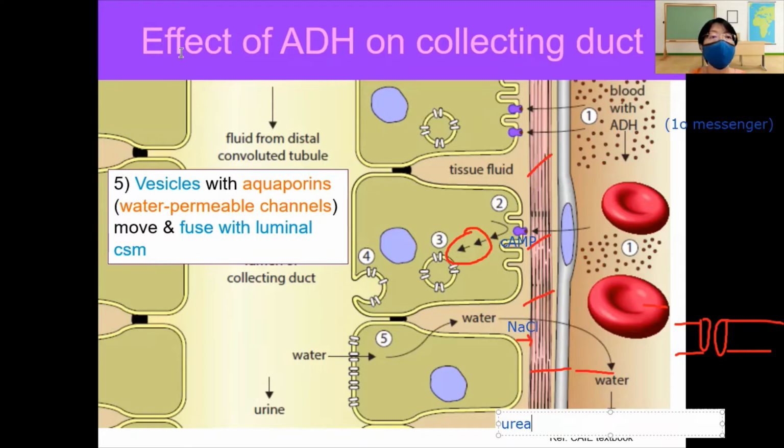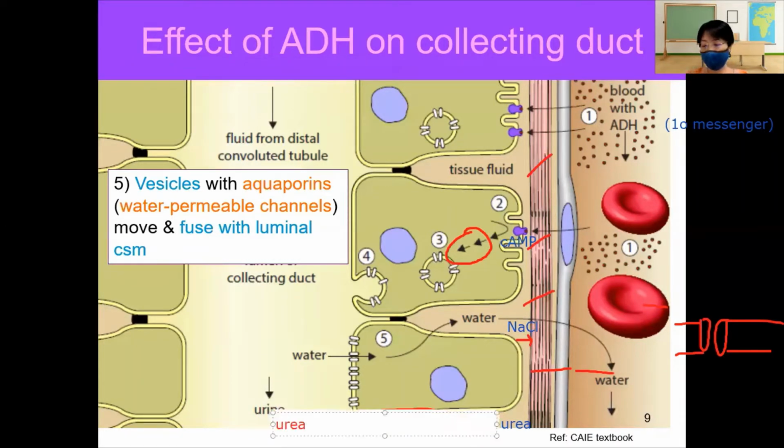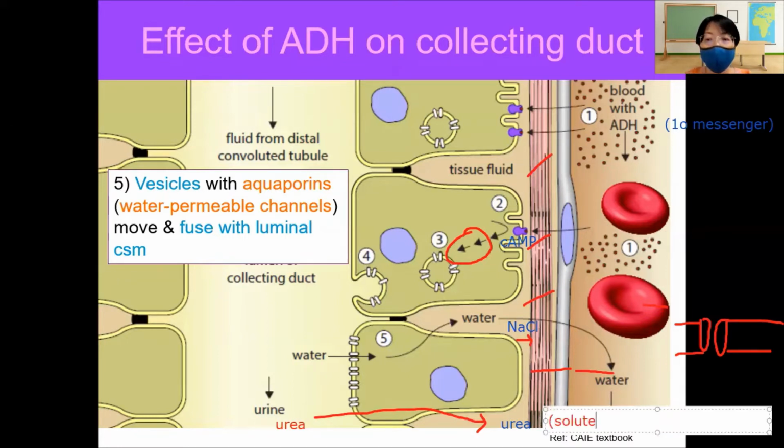So that means more urea will be reabsorbed into the tissue fluid. I'm going to write here urea. So more urea will also be reabsorbed back into the tissue fluid. And because urea is soluble, it's also a solute.